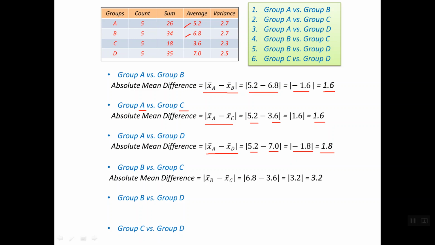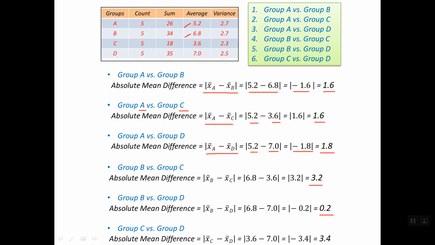If we follow the same technique, we get the rest. For group B and C, the difference between these two means is 3.2, while for group B versus group D, it is 0.2, and for group C versus group D, it is 3.4.